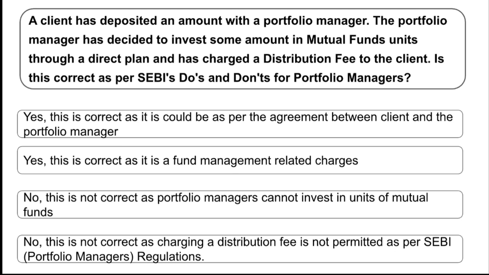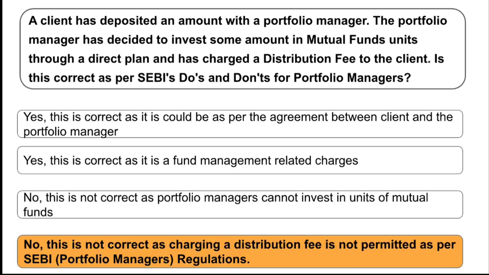Options are: A, yes, this is correct as it could be as per the agreement between the client and the portfolio manager; B, yes, this is correct as it is a fund management related charge; C, no, this is not correct as portfolio managers cannot invest in units of mutual funds; D, no, this is not correct. Charging a distribution fee is not permitted as per SEBI portfolio manager regulations. So the correct answer is option D, that it is not permitted as per the regulations.